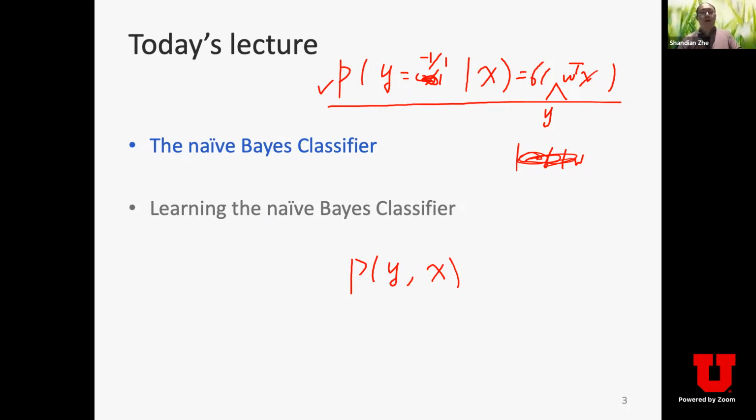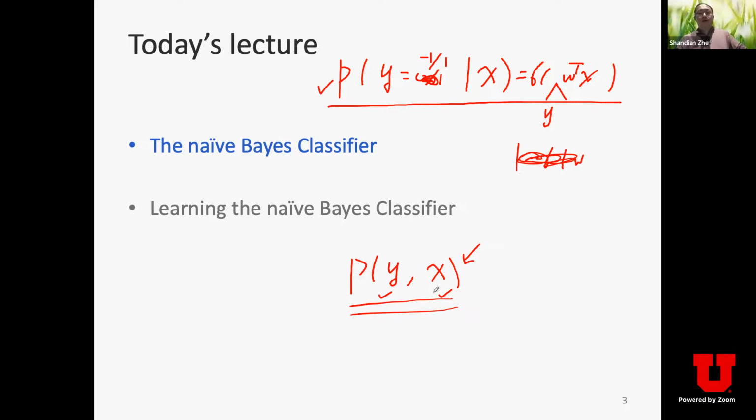But here we're talking about another idea: we try to jointly model the input X and the label Y. Because we incorporate additional modeling over the input X, you can leverage more information. The naive Bayes classifier is trying to do this. But there's no free lunch.